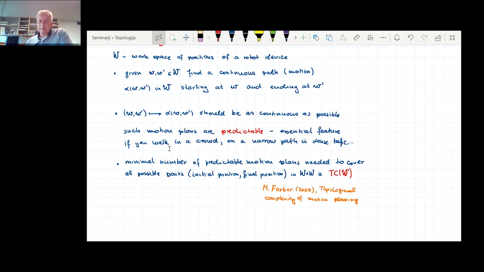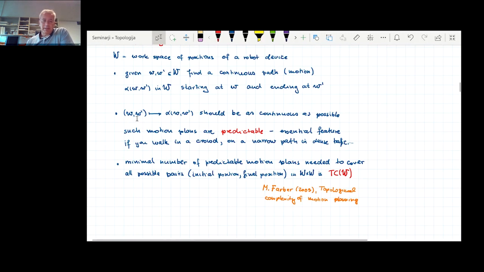You have several machines going around, you don't want them to collide, and so if you want to do this, you must somehow be able to not only plan your own path, but somehow to react to the possibilities of the other side, and this should be somehow predictable, and predictable in a continuous way.